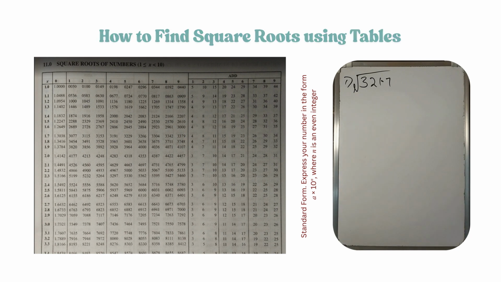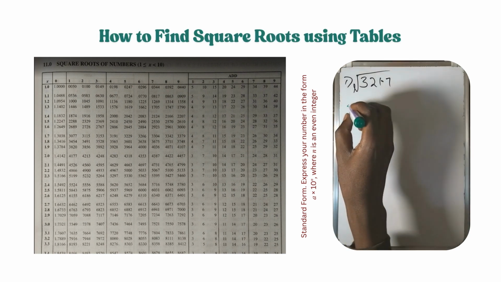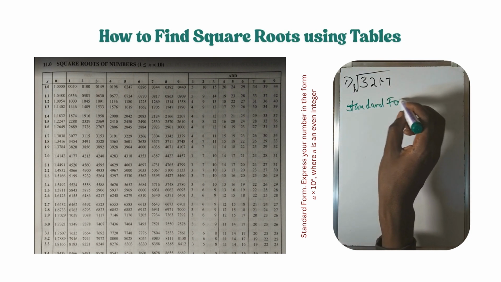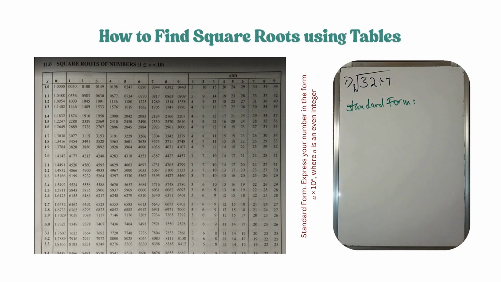To find the square root of 321.7, let's first express it in standard form, because you cannot find the square root of a number that's greater than 100 directly from the mathematical table. Our standard form should be such that the exponent is divisible by 2.